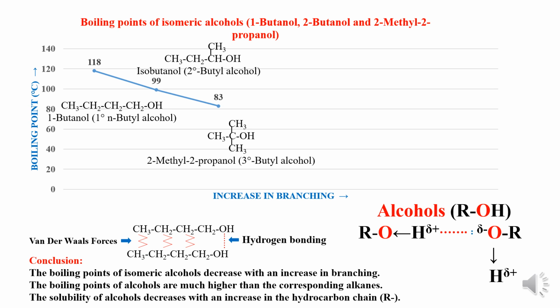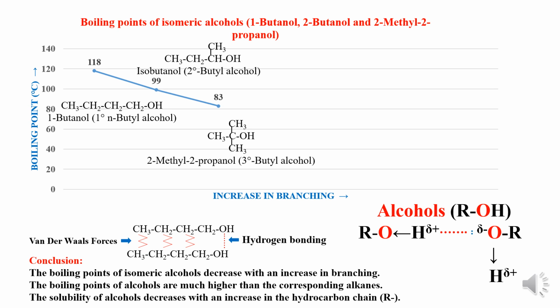In case of butanol, you find the presence of one hydroxy group that can participate in hydrogen bonding. While in case of butane, there is no hydroxy group that can participate in hydrogen bonding. So in case of butane, which is an alkane, only van der Waals force is operative, while in case of 1 butanol, which has a hydroxy group, we find two forces operative.